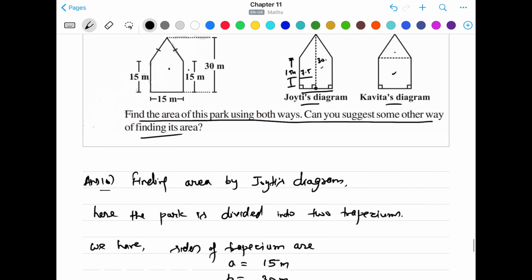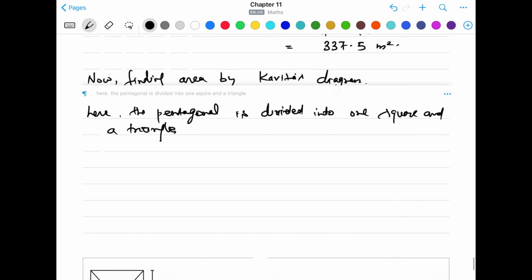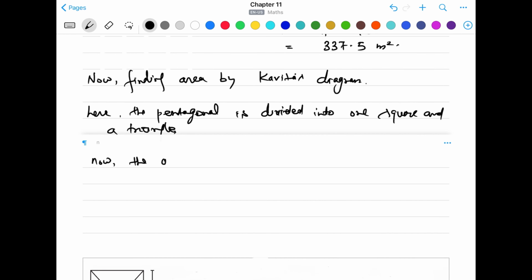Okay, so here, as you can see in the figure, this pentagon is divided into one square and a triangle. Okay, now we're going to calculate the area of pentagon. Now the area of pentagon will be equal to the sum of the area of triangle plus area of square.